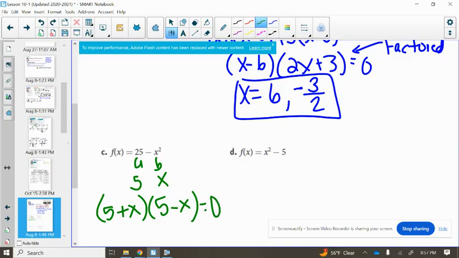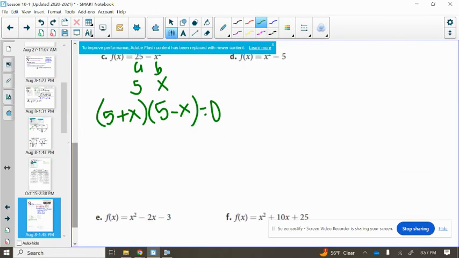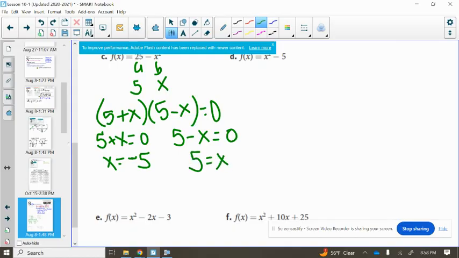As we set each equal to 0 to find out what our zeros are, we end up with 5 plus x equals 0. Subtract over the 5, x is negative 5. And then we have 5 minus x equals 0 on this one. Add over the x, we get x equals 5. So again, two options this time for our two zeros, 5 and negative 5.